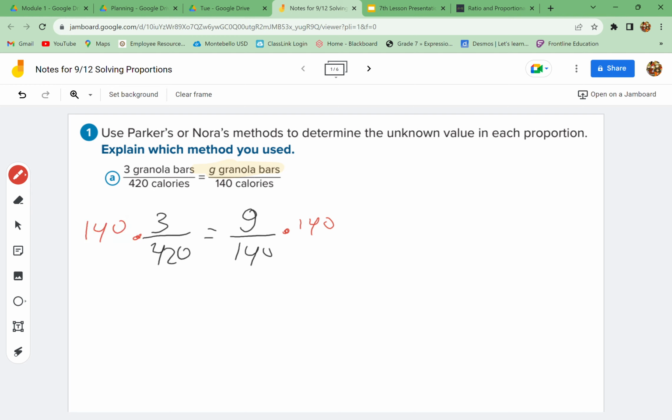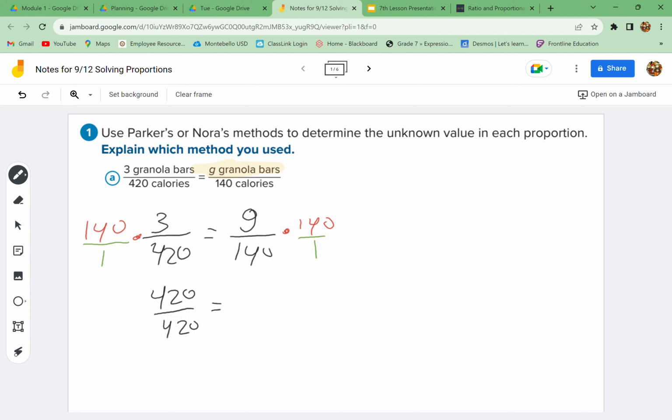Just like what we practiced before, you turn every whole number into a fraction, just like this here. Then you multiply 140 times 3, and you would get 420, and then 1 times 420, you get 420.